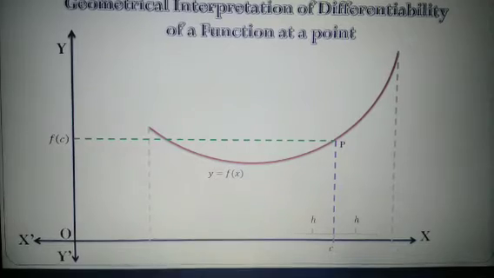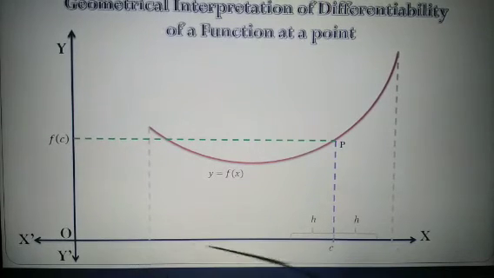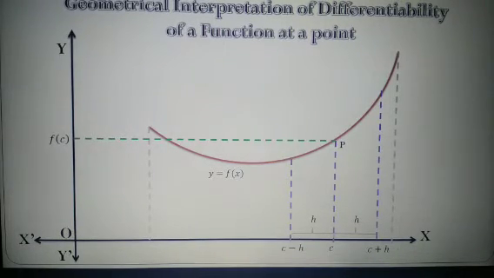So from here to here is going to be c plus h. Okay, and if I remove h from c, this point becomes c minus h. So this is my c plus h and this is my c minus h.